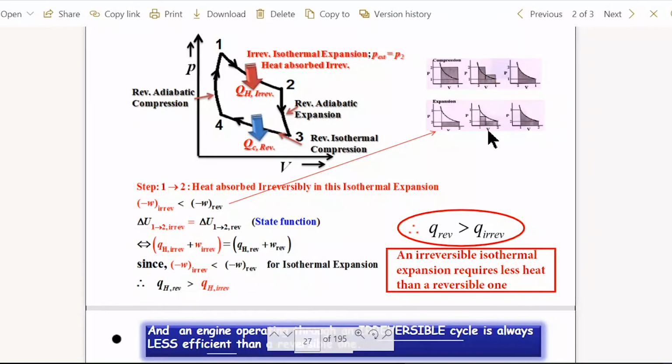This is the diagram we had seen. If I compare these two expansions, what do I get? The reversible work is greater than the irreversible work.